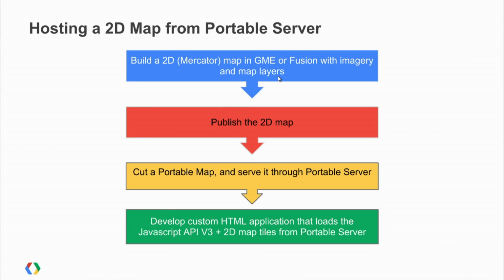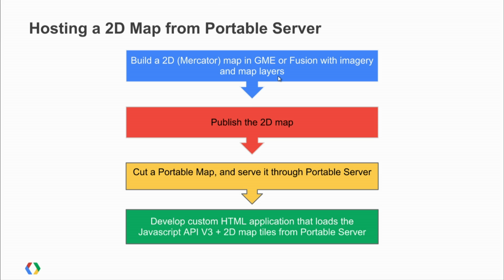So before we get into the nitty-gritty, let me review the workflow for hosting a 2D map on Portable. Typically, you're going to build your 2D map either in Google Earth Enterprise Fusion or, as Sean demonstrated, in Google Maps Engine. You're going to choose the layers of interest, your imagery, your vector layers, possibly some terrain. At that point, you're going to publish that 2D map. In the case of GME, that's just a matter of one click and making it available to the folks that you share.